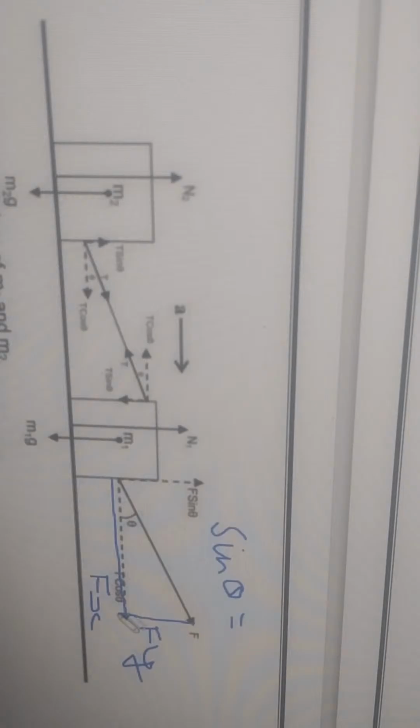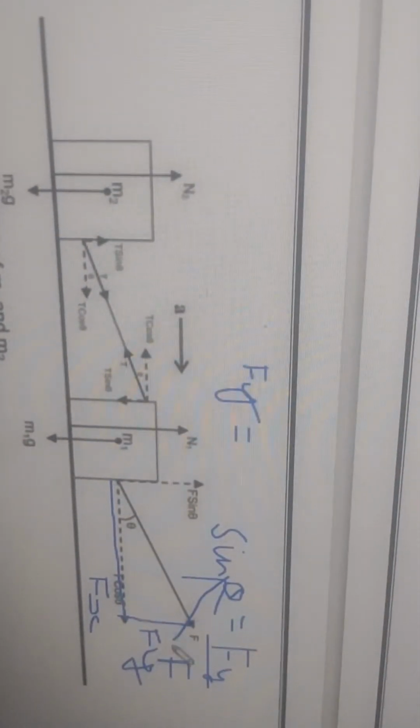So p by h, p is F of y, divided by F. Cross multiply it. F of y is equal to F sin theta.